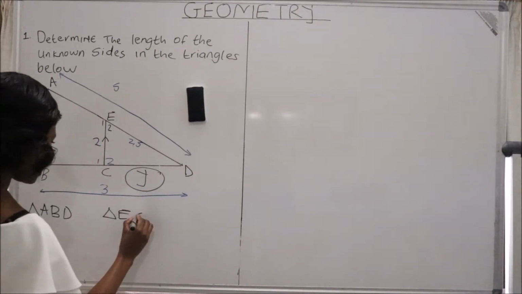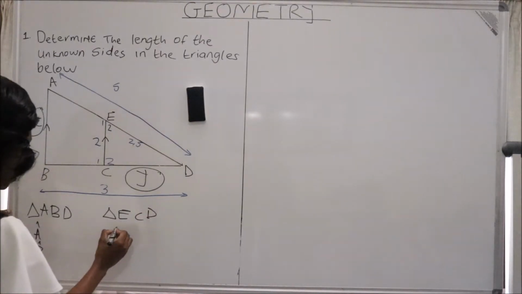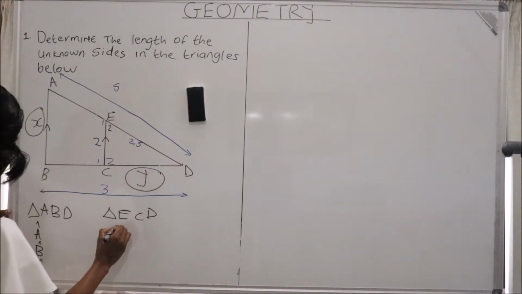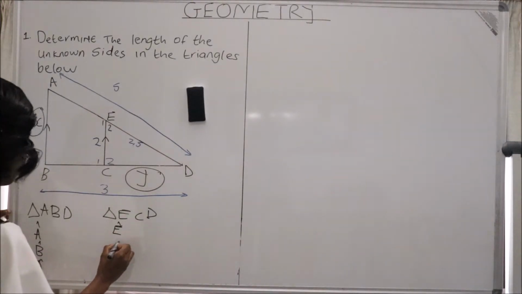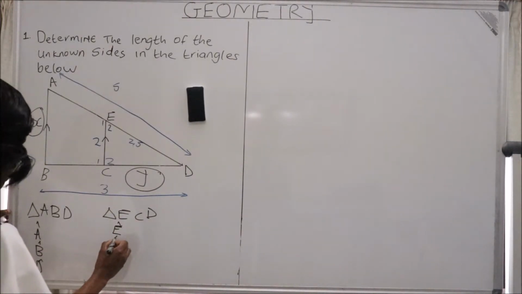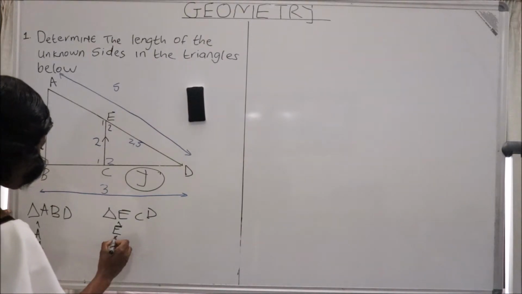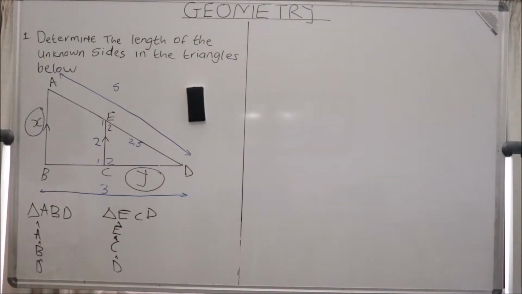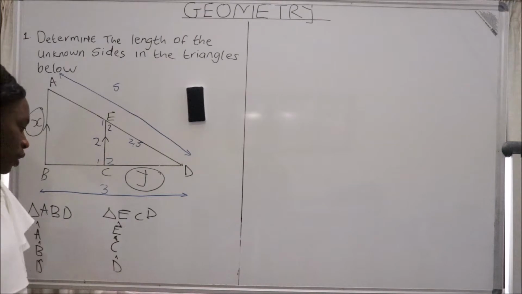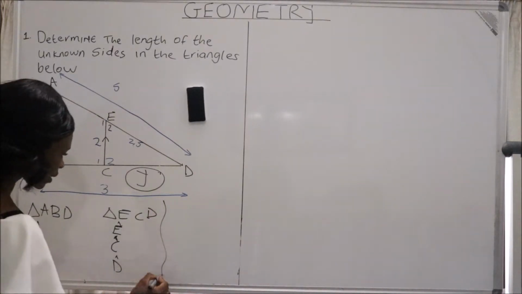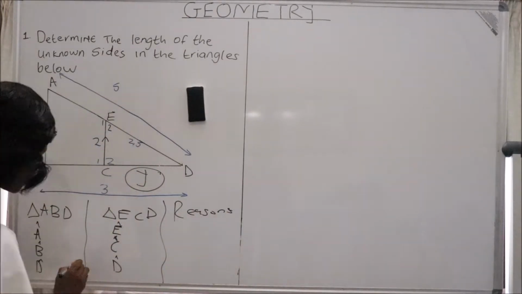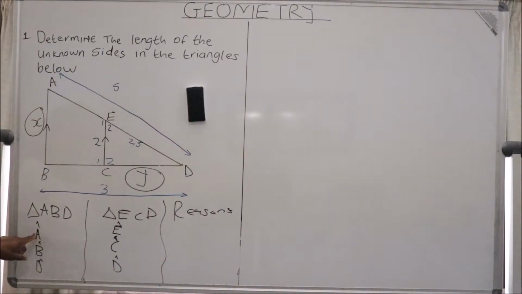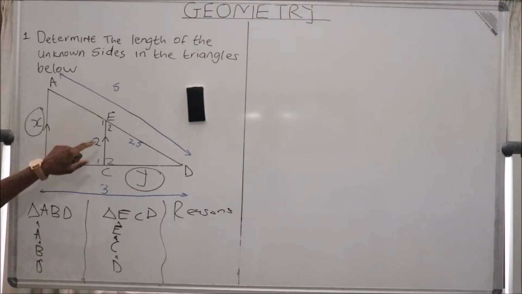In triangle ECD, we have angle E, angle C, and also angle D. So we need to prove that these angles are equal to each other. Let's write the reasons on the other side. Let's prove first, starting with A and E.